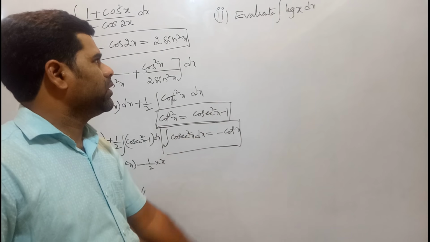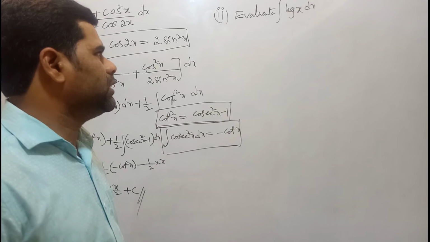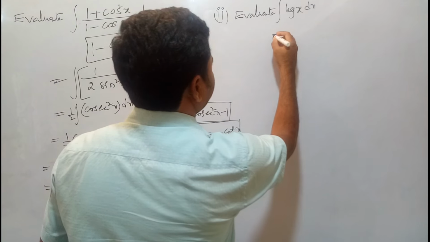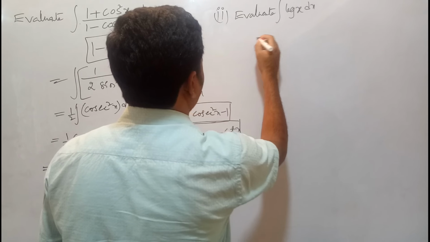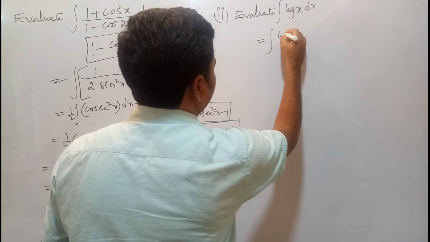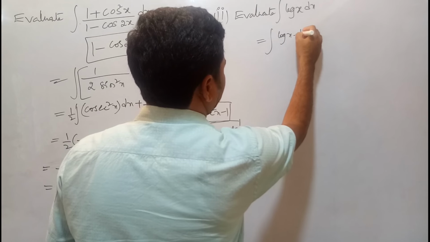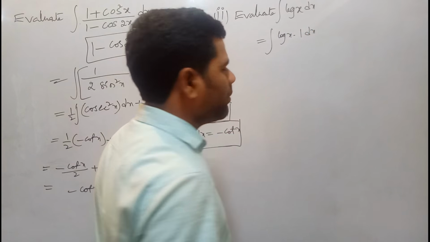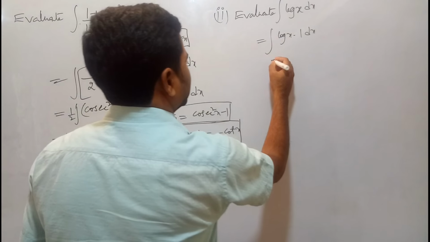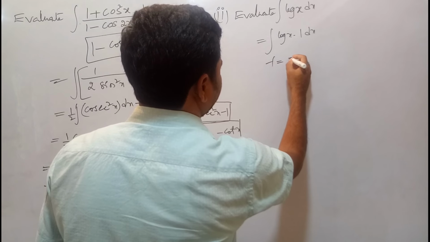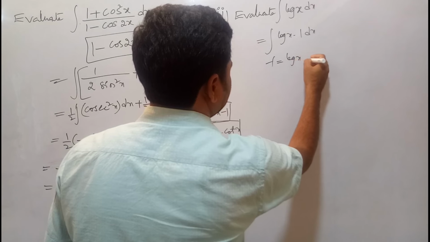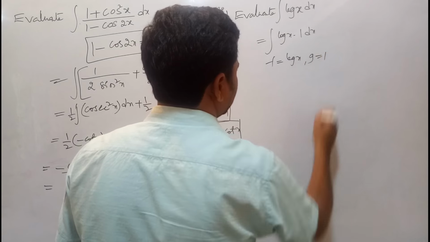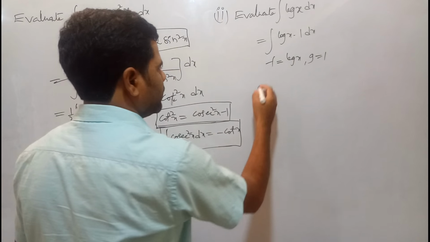Now second question, evaluate integral log x into dx. Integral log x into 1 into dx, multiply by 1. So f is equal to log x, g is equal to 1.